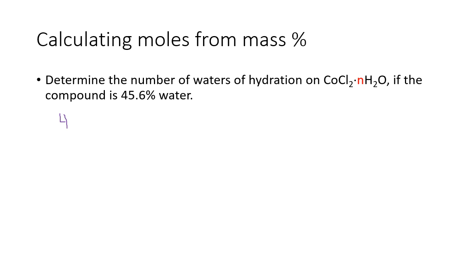Okay, so we have then 45.6 grams of water, and then 100 minus 45.6 gives us 54.4 grams of cobalt chloride.